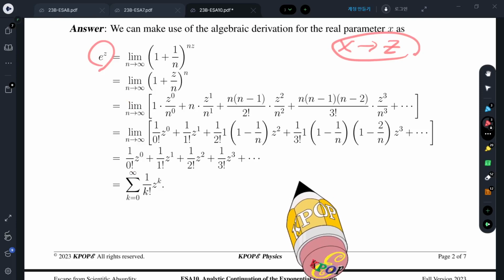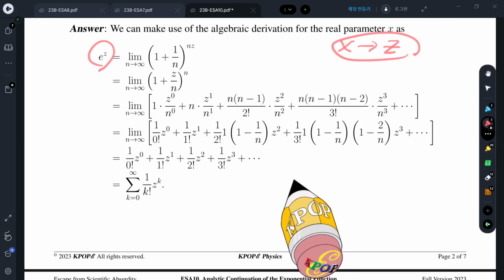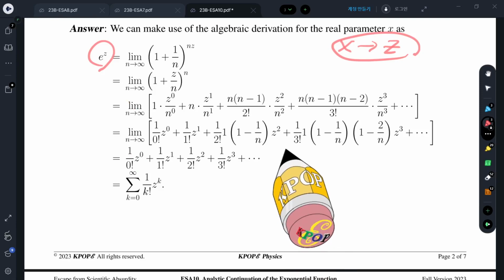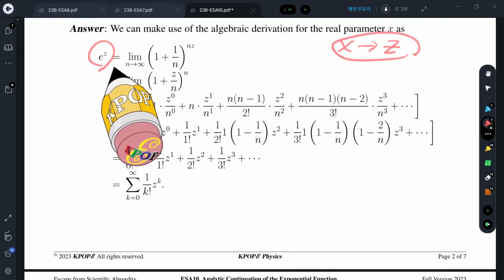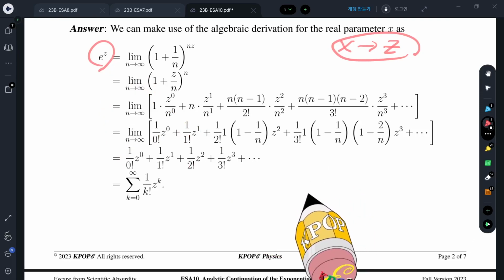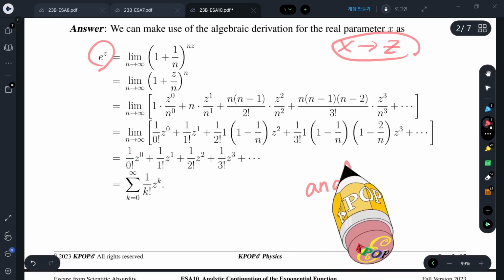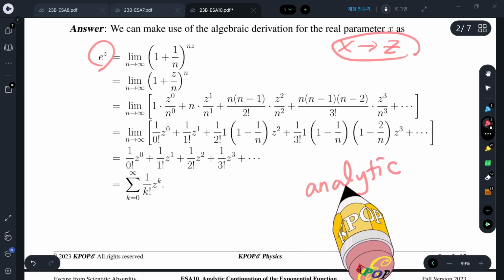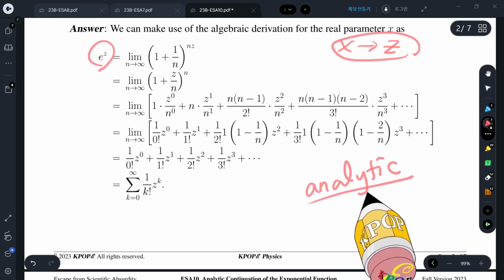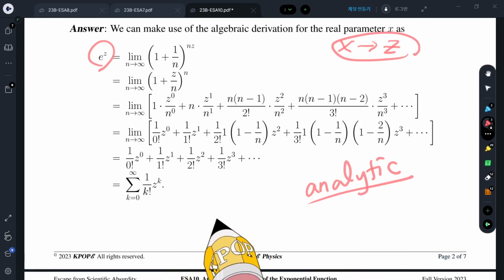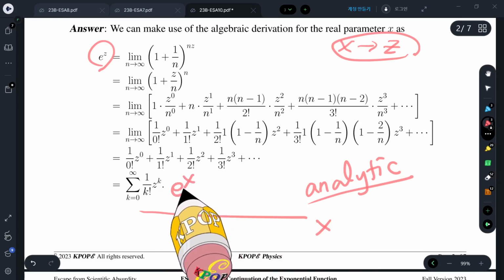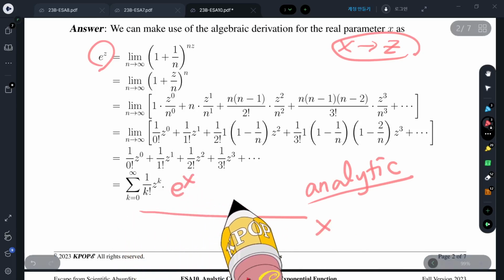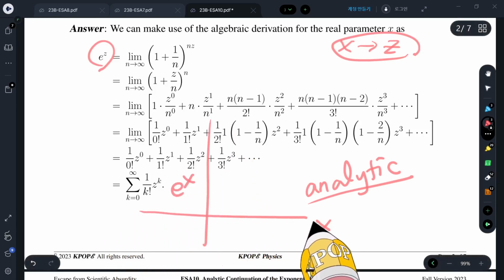We say that if a function of a complex variable is differentiable, then we use different terminology: analytic. Analytic is nothing but differentiable. However, we know that the function exponential x is defined only on a single real variable.